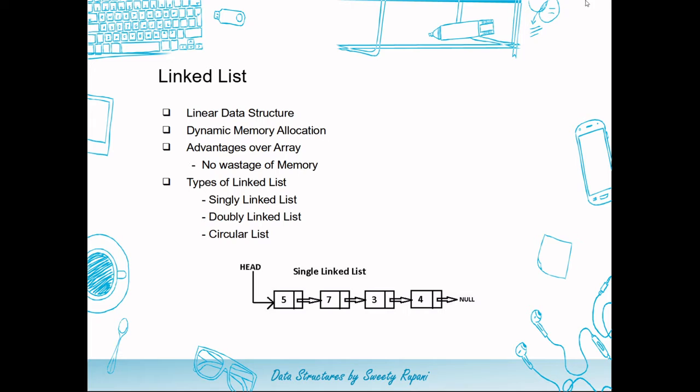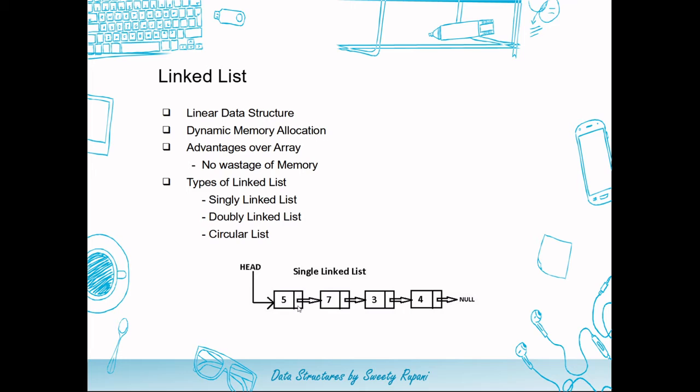So let us have a look at this. We already discussed that it's a linear data structure. It will have dynamic memory allocation. It will have this type of structure wherein there would be one head pointing to the whole list. There may be one or more nodes connected to a list. Each node has its own data field and an address field.